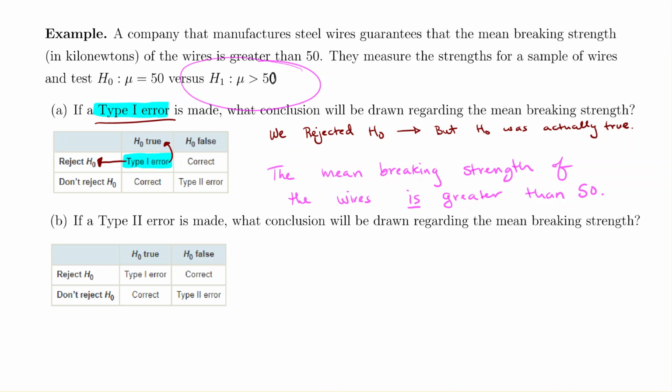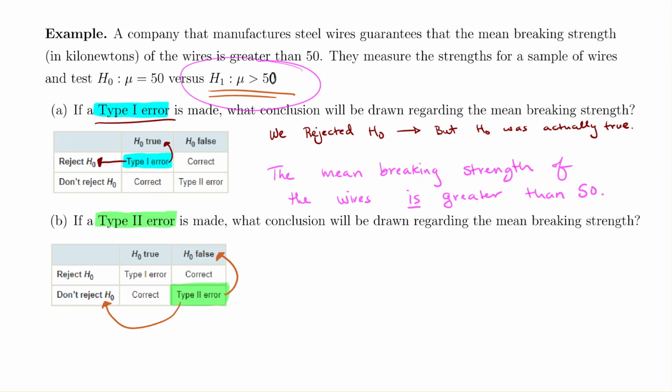Now, if instead a type 2 error is made, we can see in the table, a type 2 error will only occur if you have a false H0, but you end up not rejecting H0. Okay. Now remember, when you don't reject H0, all we can say is there's not enough evidence to conclude what we wanted to determine.